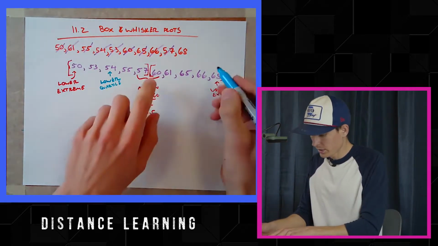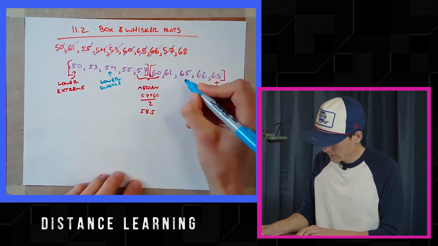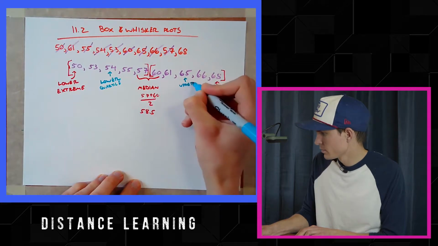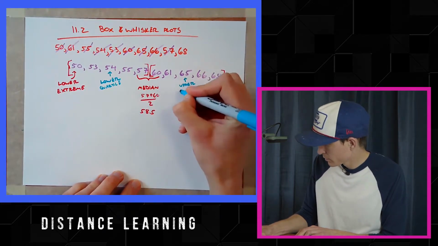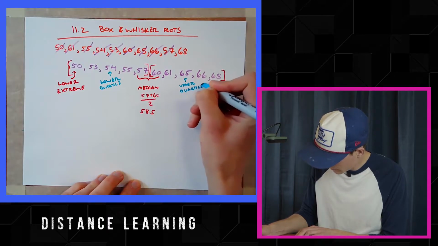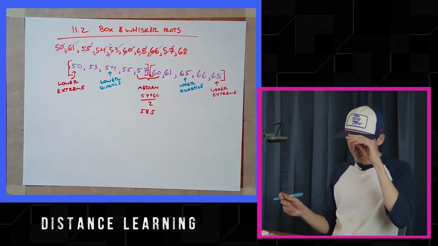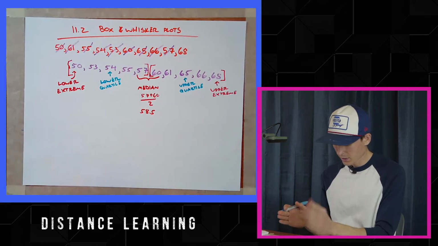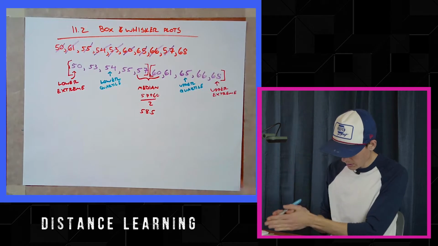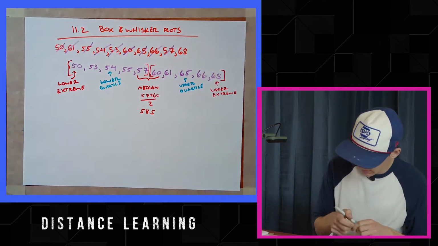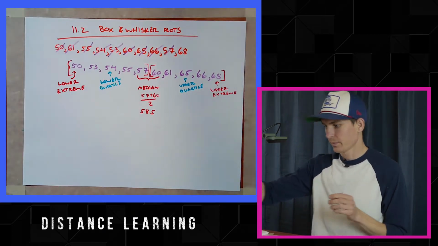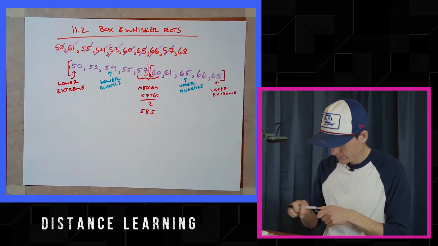And then you find the middle here. 65 is the median there. Alright, so we've got all these fancy words: lower extreme, lower quartile, median, upper quartile, upper extreme. Coolio. I might have to resort to black marker.